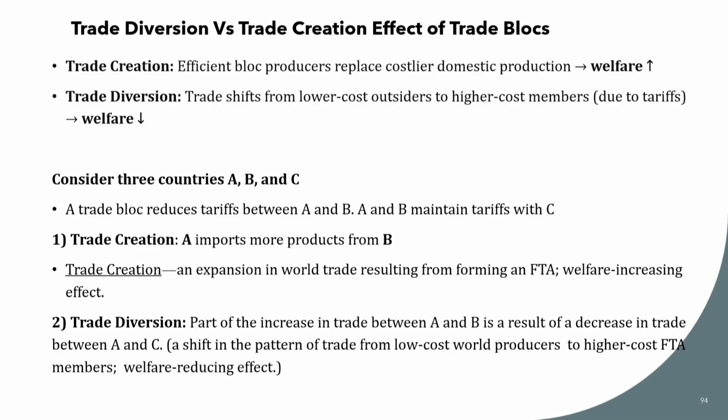Trade creation means an efficient regional trade bloc replaces costlier domestic production, and then they import cheaper products from the member countries. So in this case, trade is created. That means there is a welfare enhancing situation. In contrast, these regional trade agreements may reduce welfare.